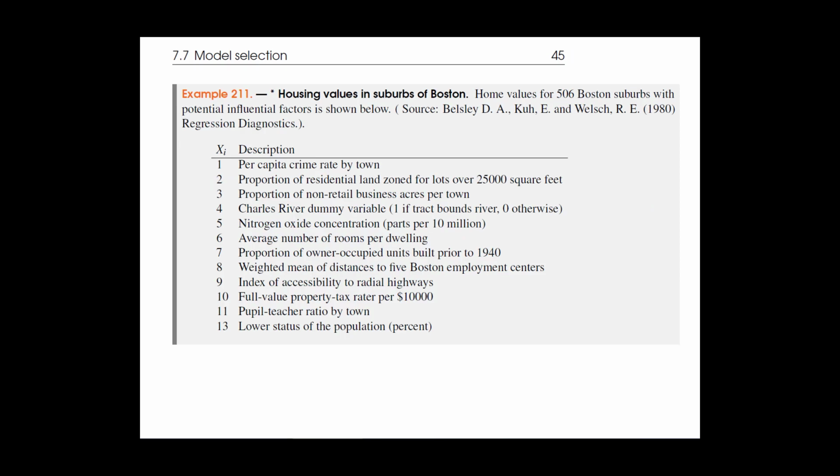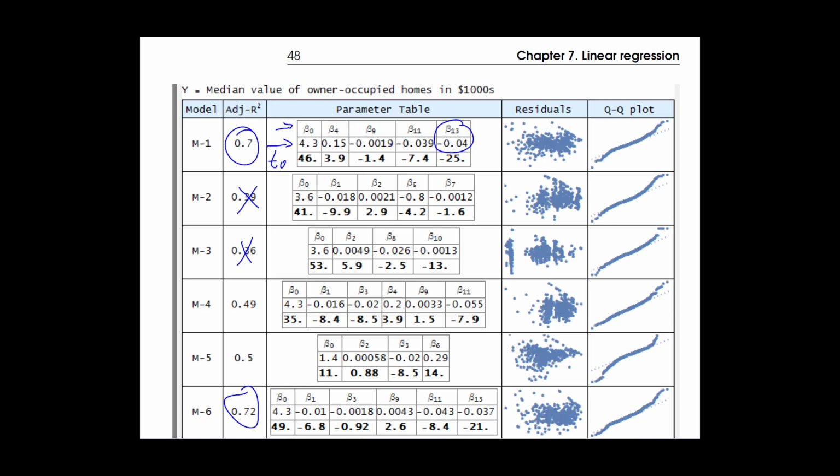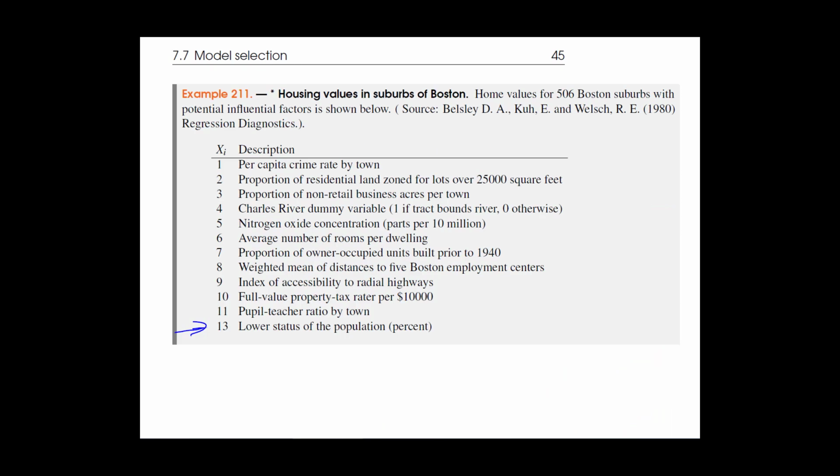So it's the derivative. 13 was lower status of the population. Let's pick another. 11, what is 11? Pupil-teacher ratio. Okay, that's a good one.